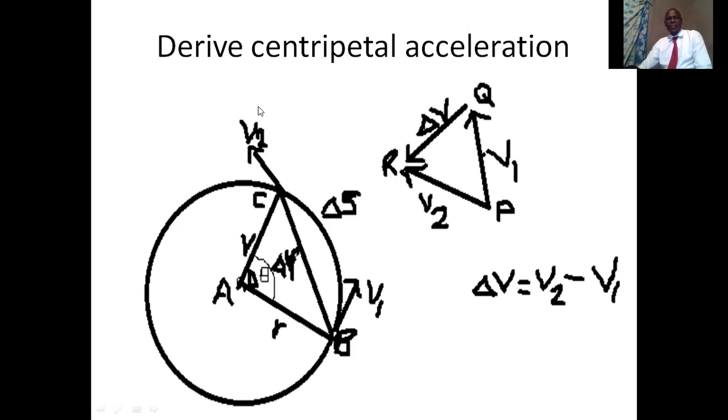Imagine there is a circle with its center at A. It has the radii AC and AB.